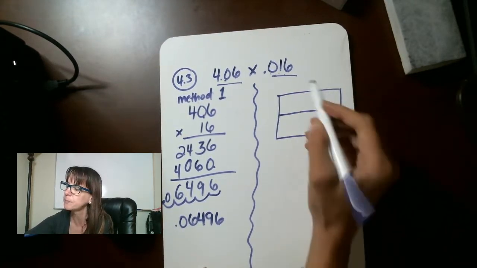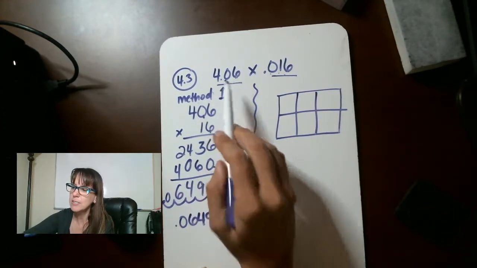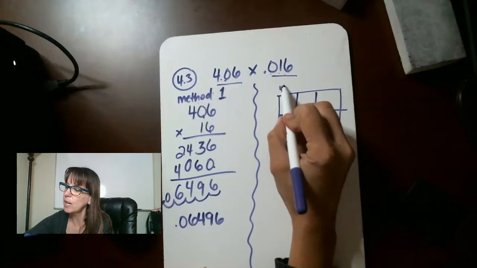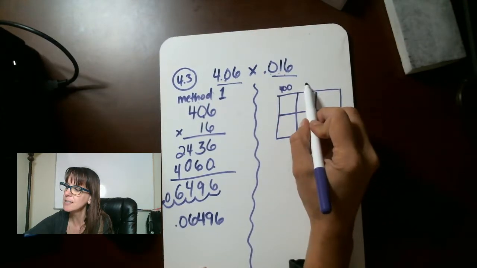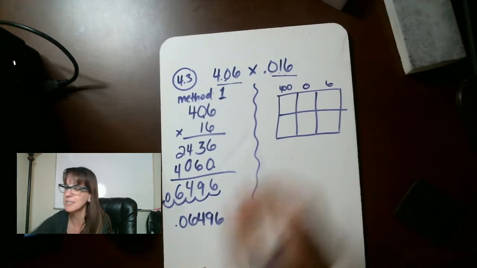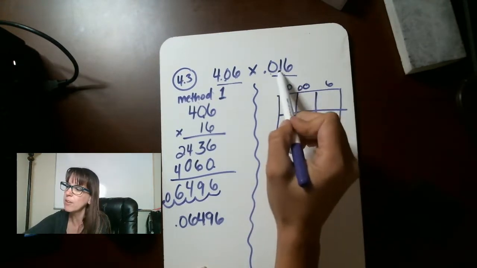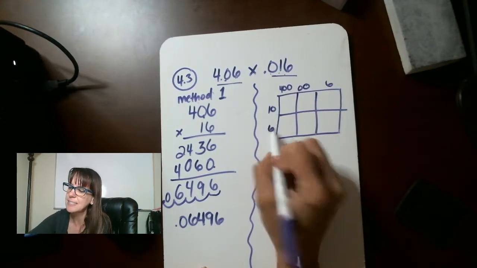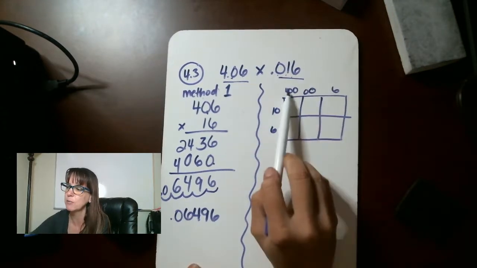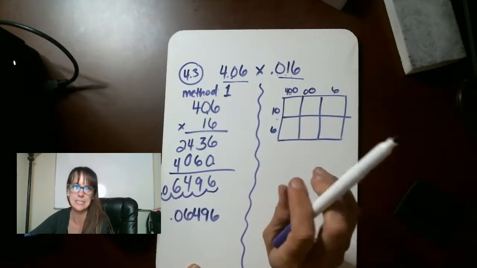There's my box, okay? 406 is 400 and 0, and then 6, right? Because it's 0 tens, right? Then for this guy, it's 16. 10 and 6 give us 16.